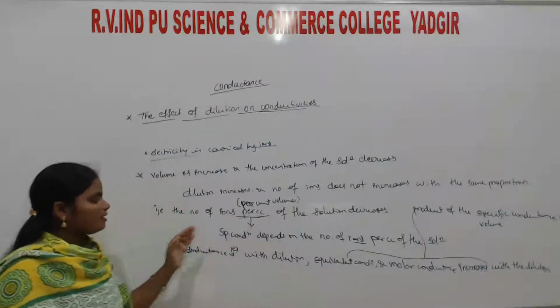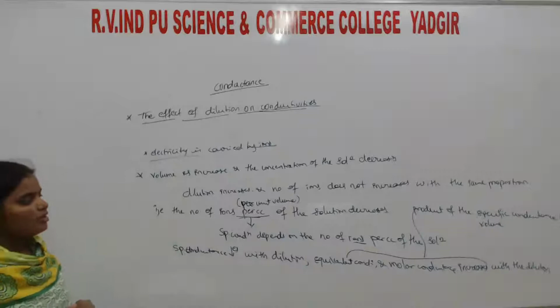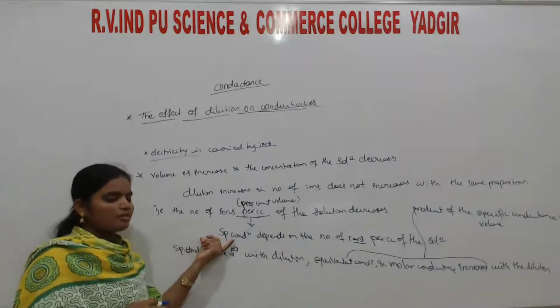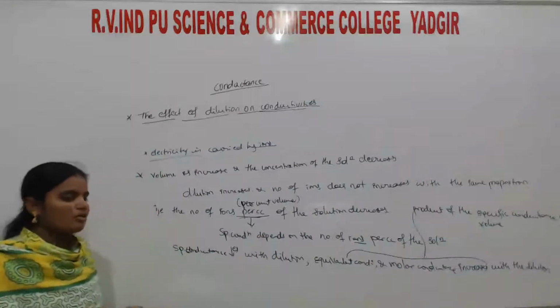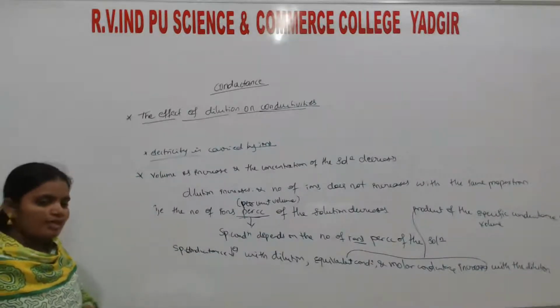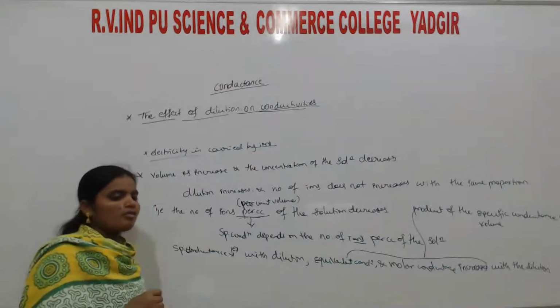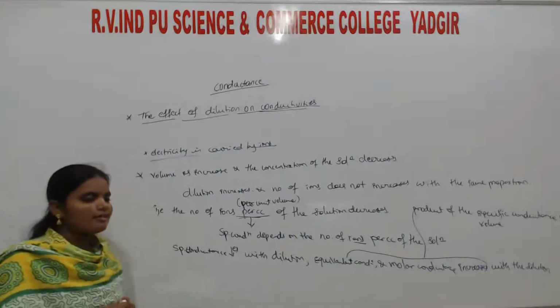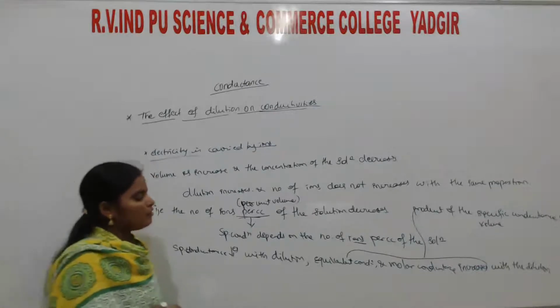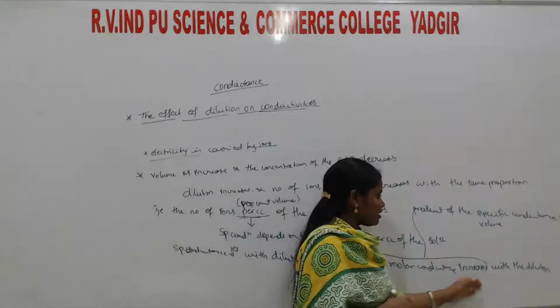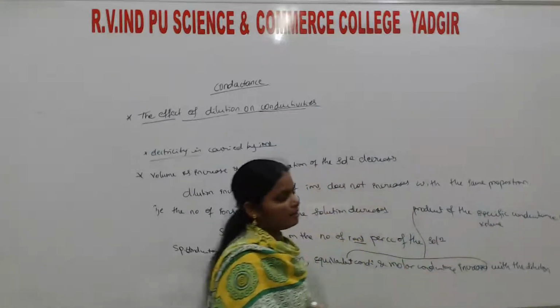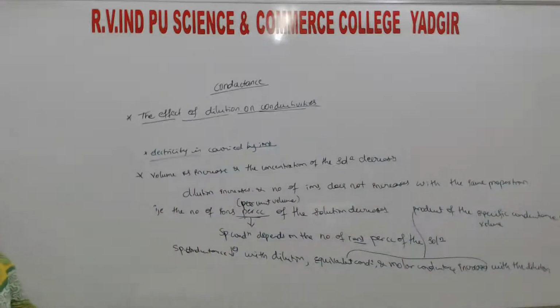decreases here. The specific conductance depends on the number of ions per cc of the solution, so the specific conductance decreases, and the equivalent and molar conductance increase, because these are the product of the specific conductance and volume.